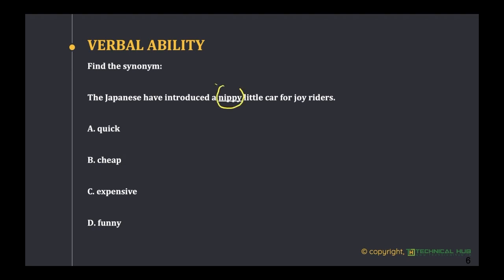You know what is quick, cheap, expensive, funny. Here the synonym is just from reading. Quick little car means a car which goes a little faster for joyriders. Okay, so the answer is quick.